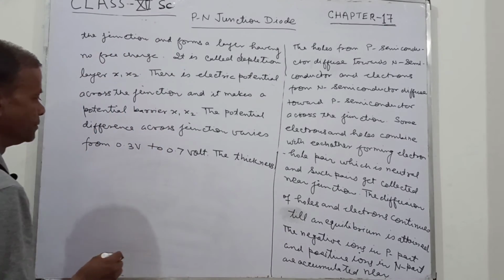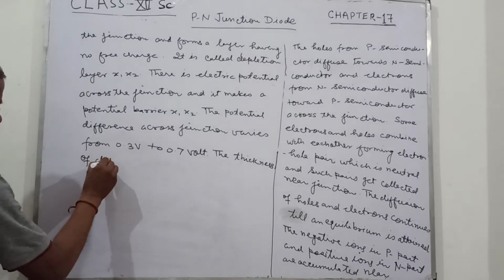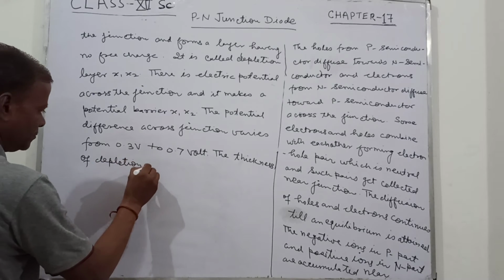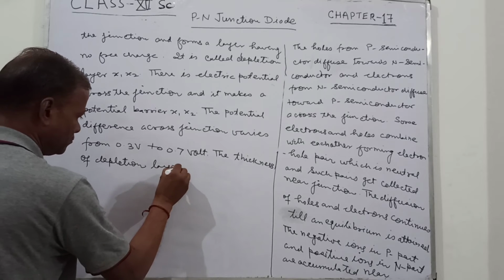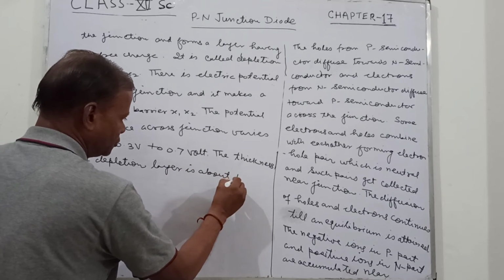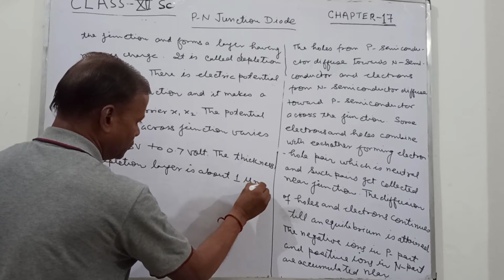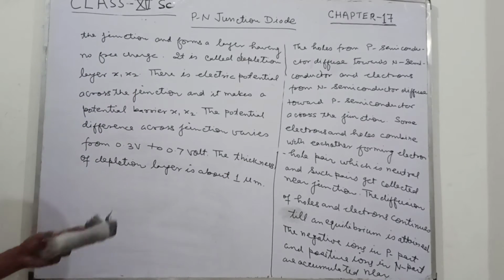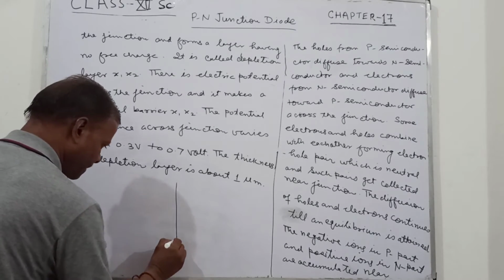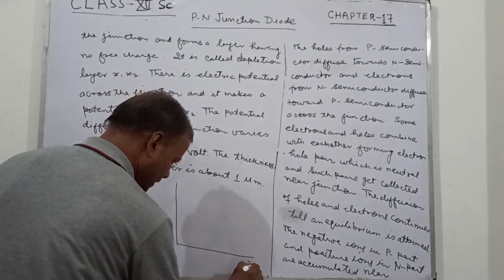The thickness of the depletion layer is about 1 micrometer, approximately.